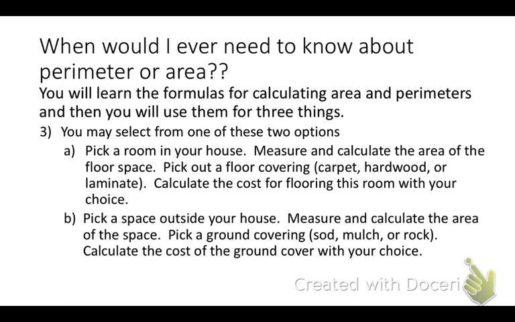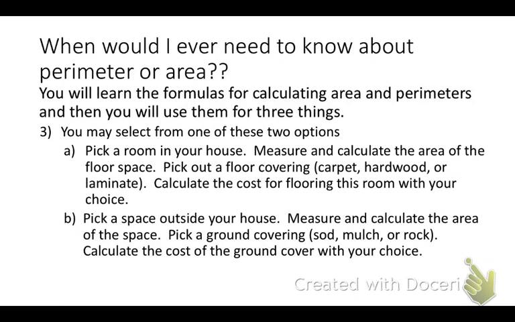And then the last thing that we're going to do, I'm going to give you a little bit of choice on this one. You may select from one of these 2 options. You can either pick a room in your house, measure and calculate the area of the floor space, pick out a floor covering like carpet, hardwood, or laminate, calculate the cost of the flooring for this room that you chose, or you can pick a space outside your house.